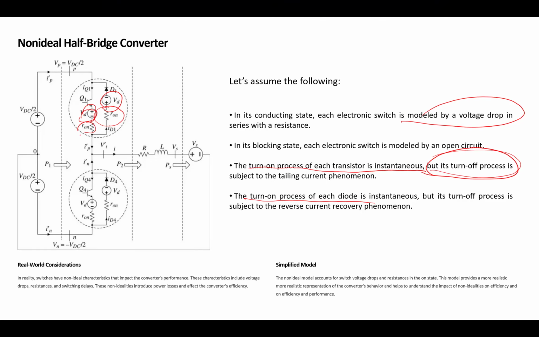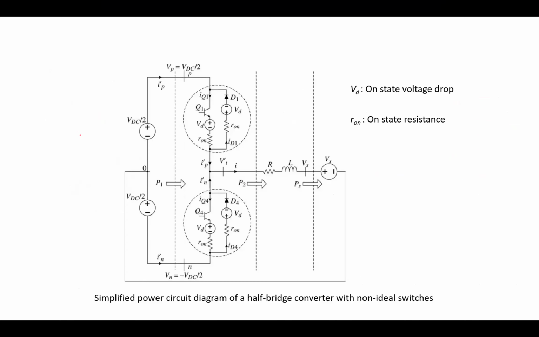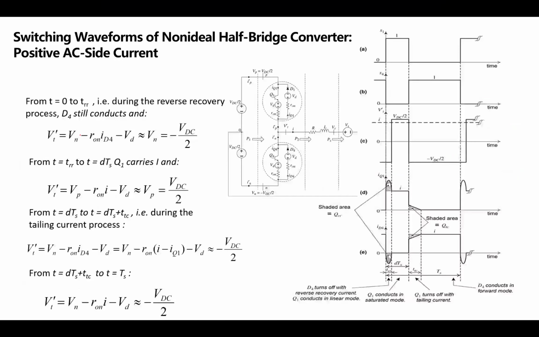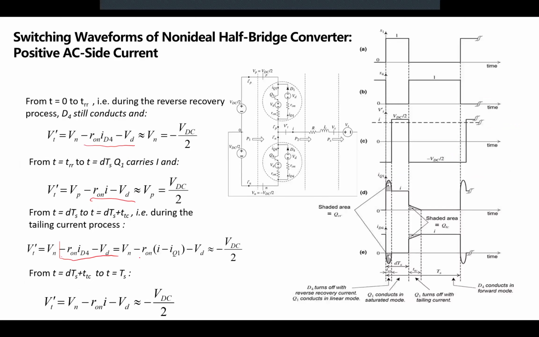If we add these to our ideal model, we are going to end up with some extra components in all those KVLs. You know how to run the KVL. I'm not going to tell you why that is minus R. It's just a KVL. You can do that by yourself.